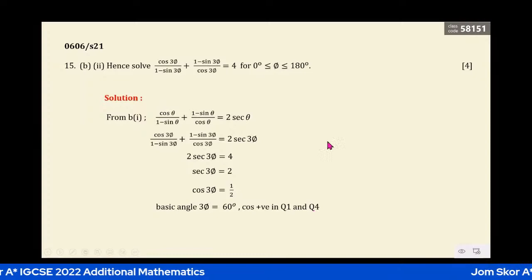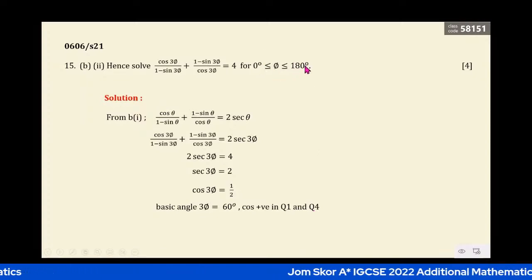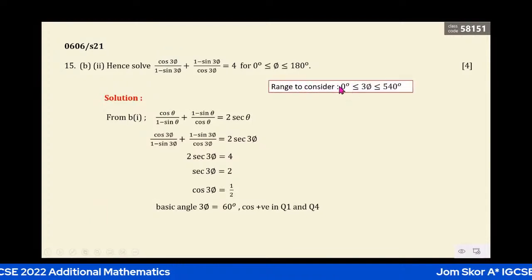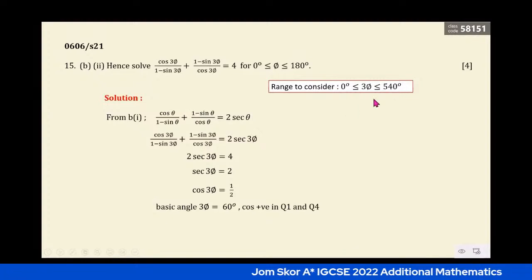Alright. Look at the range. The range is from 0 until 180 degrees. But this is 3 phi, so the angle to be considered is from 0 until 540 degrees, because we have 3 phi here.